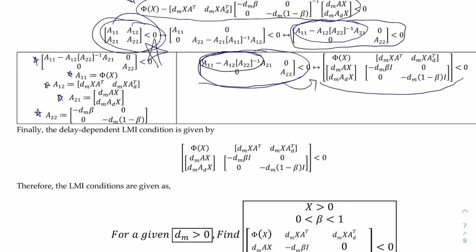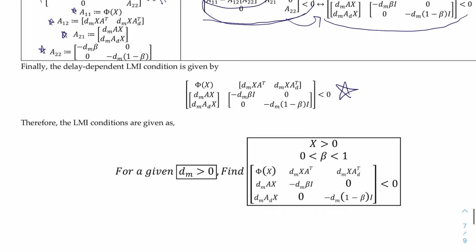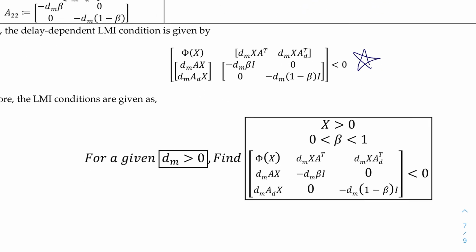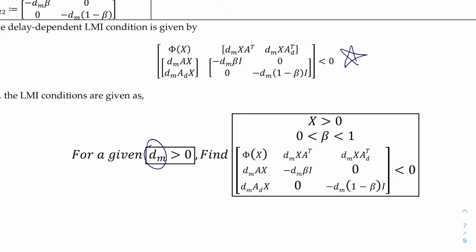So finally, the delay dependent LMI condition is given by this, and let's write that in one last form for a given dm, where dm is the maximum delay. You also have uncertainty in the delay. For example, your delay can be between 0 and 1, right? Your system is operating, and that delay operator is not always delaying your state by 0.5 seconds.